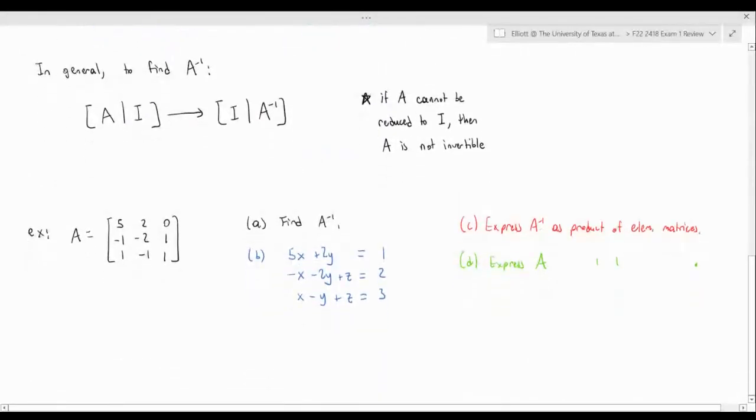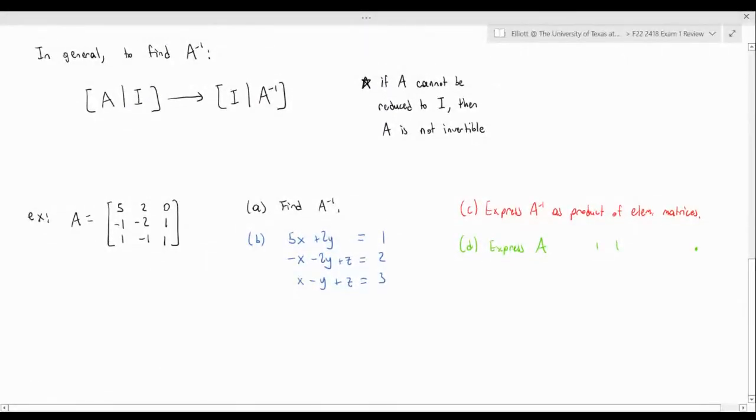And then in general, to find the inverse of any matrix, there is a procedure for doing that. The way it works is you take your matrix A and you augment it with an identity matrix. And then you perform row operations until you reduce A to the identity matrix. And then whatever you have remaining on the right-hand side is going to be the inverse of A, okay? I'm going to illustrate that with this example down below.